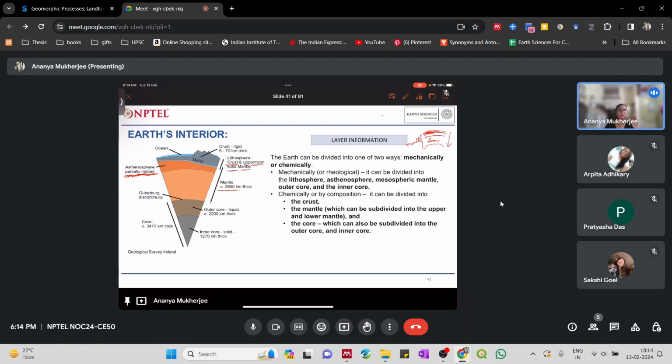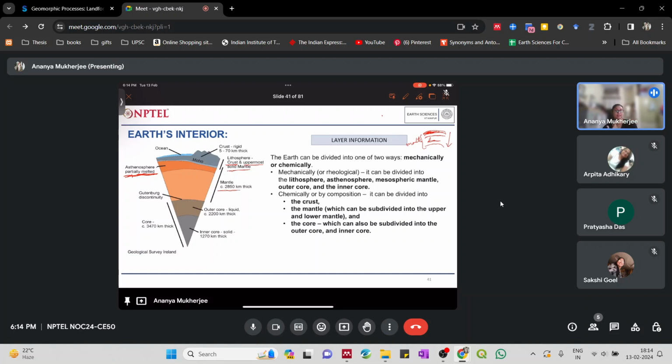Now we will move on to how the Earth's interior can be classified based on composition. So on the basis of composition, crust, mantle, okay, and then the core.